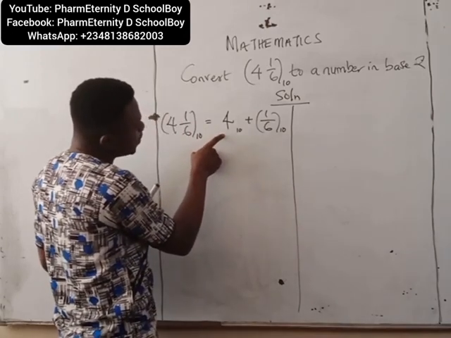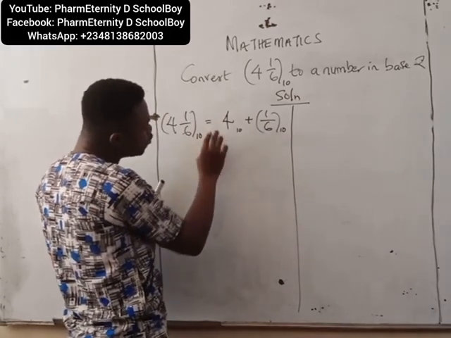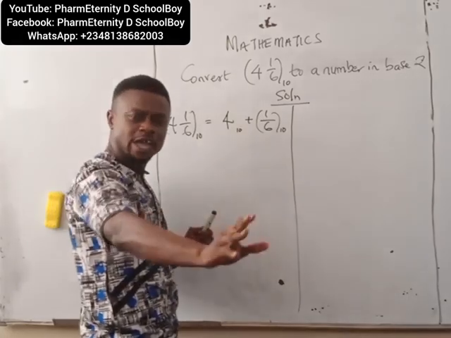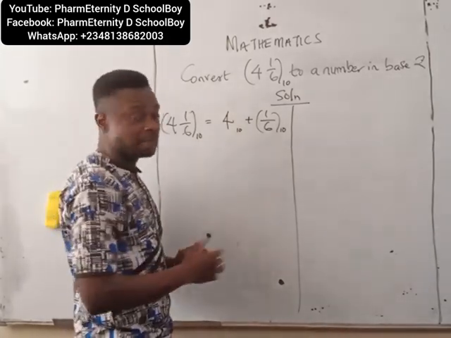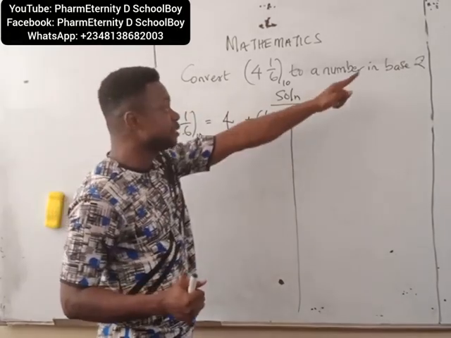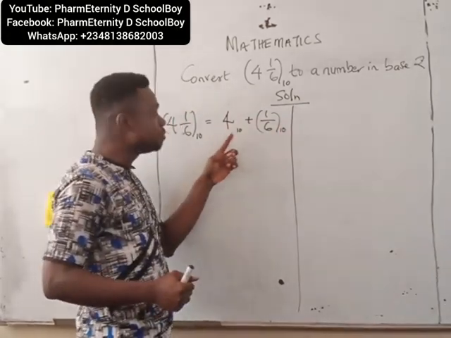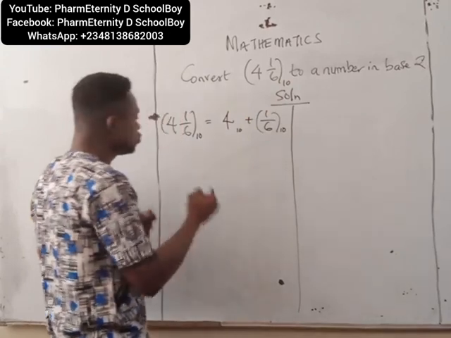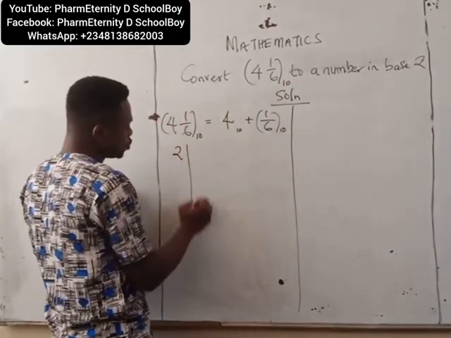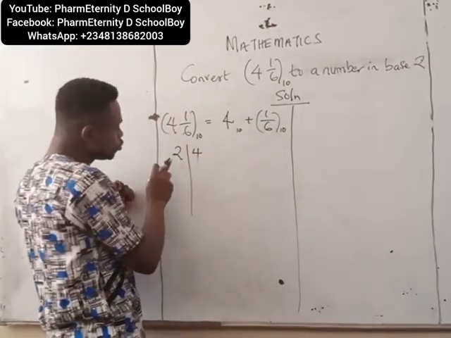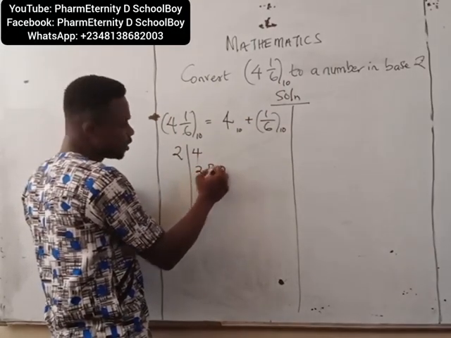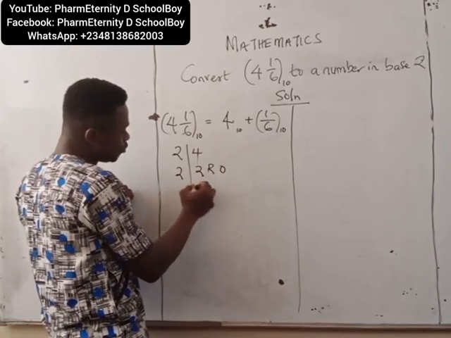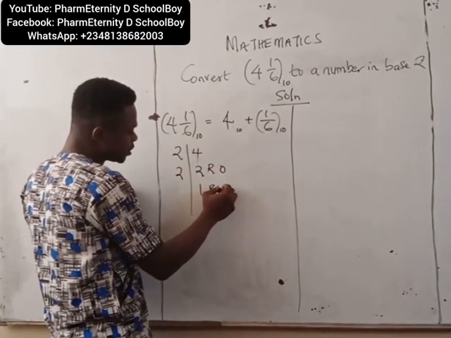Here, we follow the normal way of converting a whole number in base 10 to another base. The base we're talking about now is base 2. So to convert this 4 in base 10 to base 2, we simply divide 4 by 2. 2 divide 4, we have 2 remainder 0. Then 2 divide 2, we have 1 remainder 0.